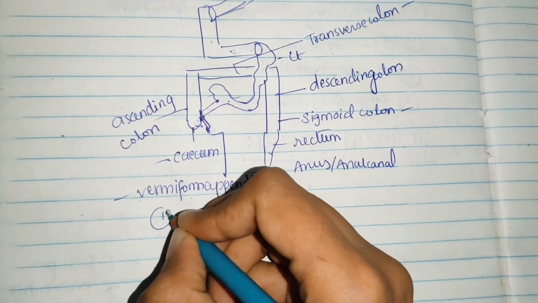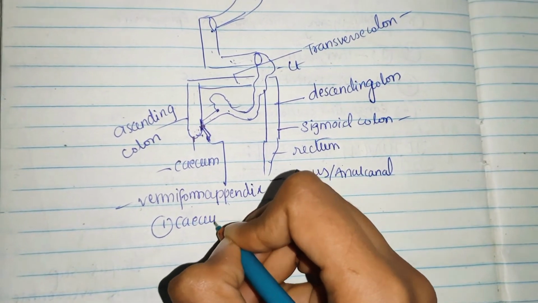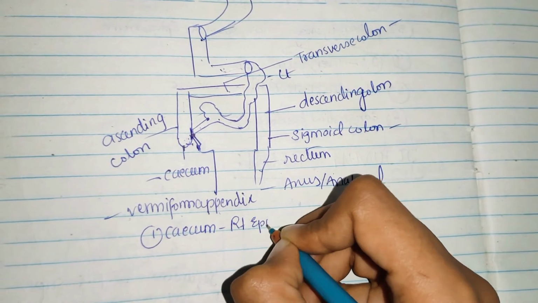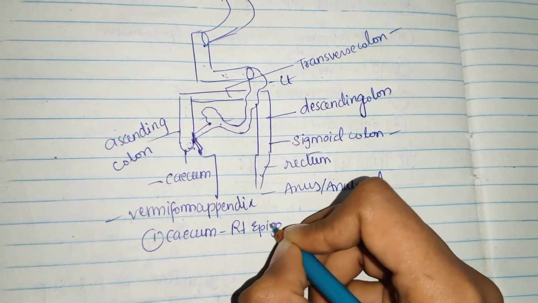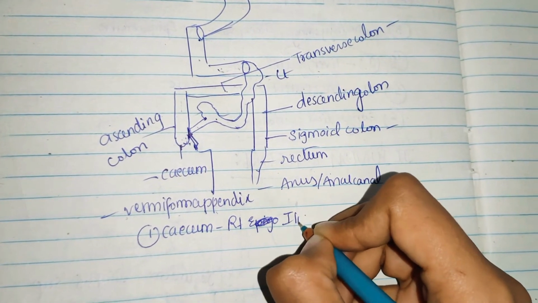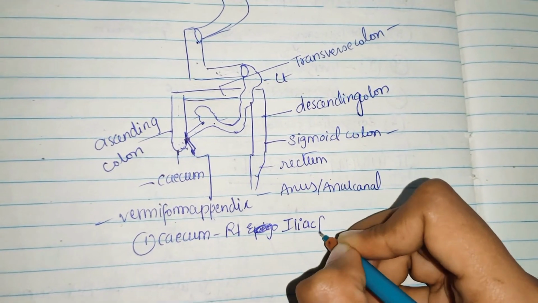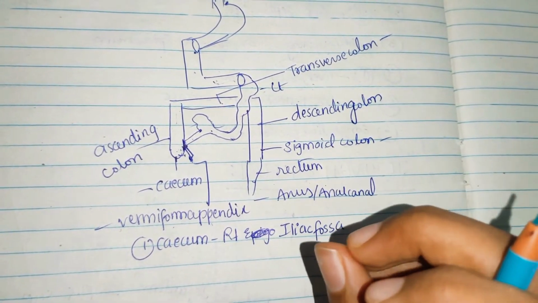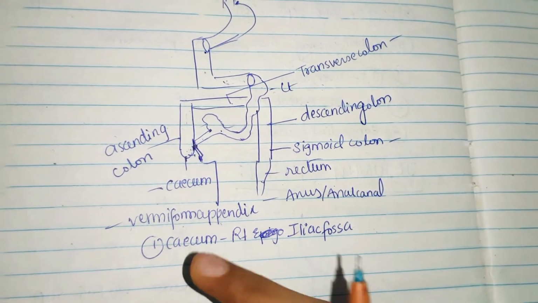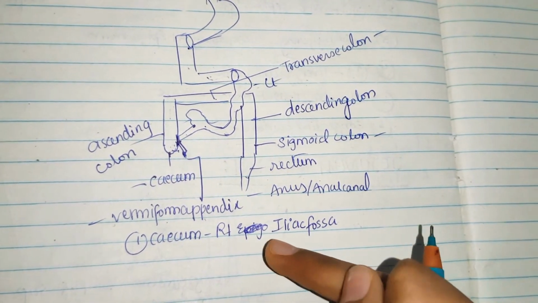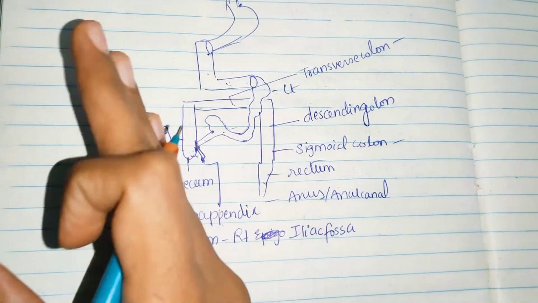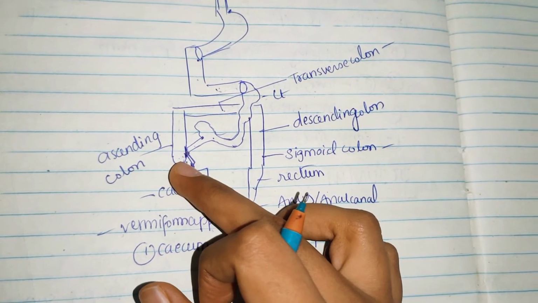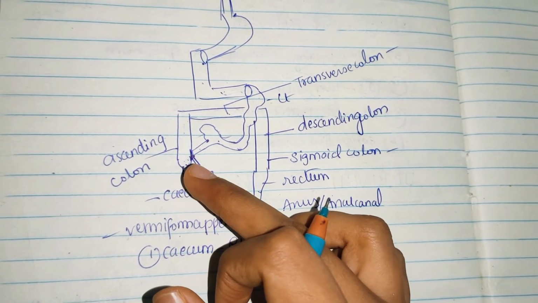So let us start with the cecum. The cecum is located in the right iliac fossa. I already discussed the nine regions of the abdomen, so I think you know by this time. Remember, the cecum is present in the right iliac fossa, you can see clearly here.